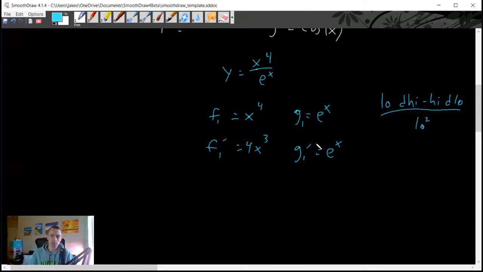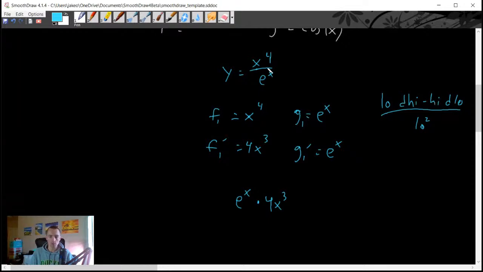So that just means low is the bottom, which is what we said was g here. D high is the derivative of the top, which is f prime. So basically we're going to get g times f prime. So e to the x times 4x cubed, minus high d low.